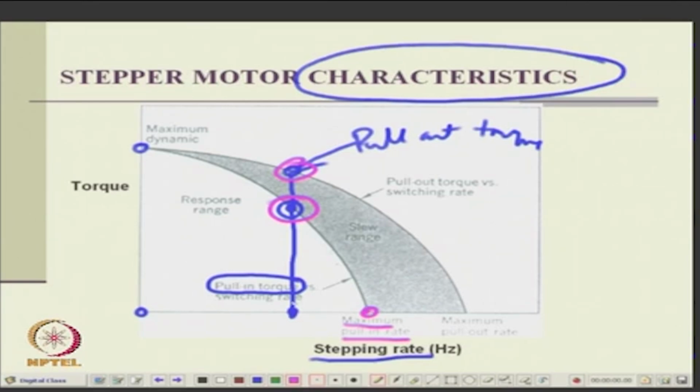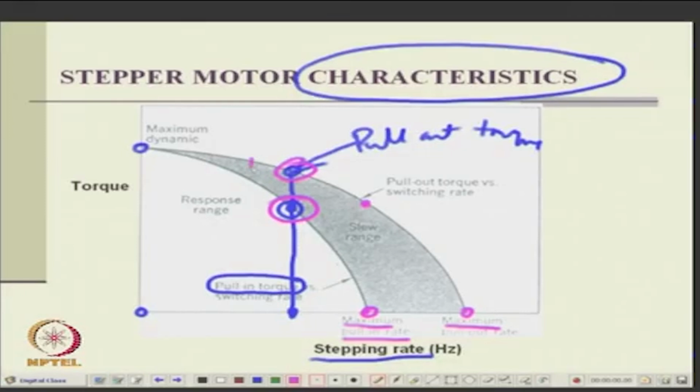After all, as you go on increasing the frequency, the rotor finds it more and more difficult to pull in. And then it will still have a pull-out torque, and there is also a maximum pull-out rate.